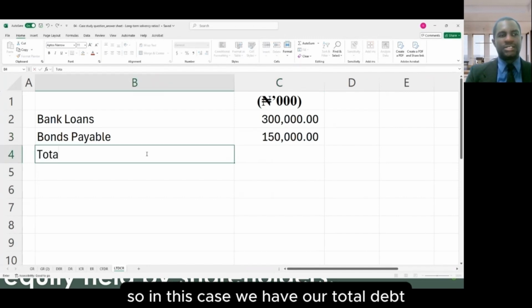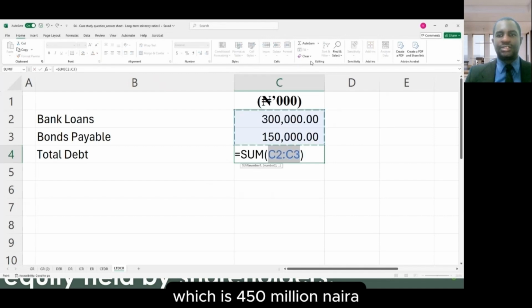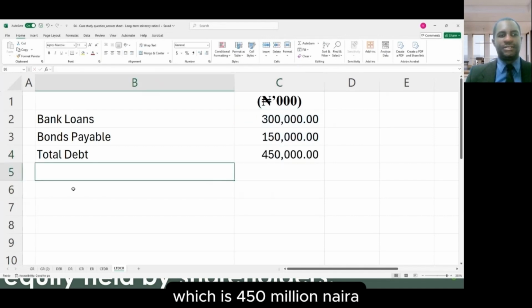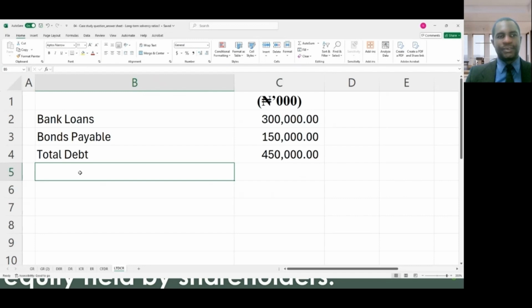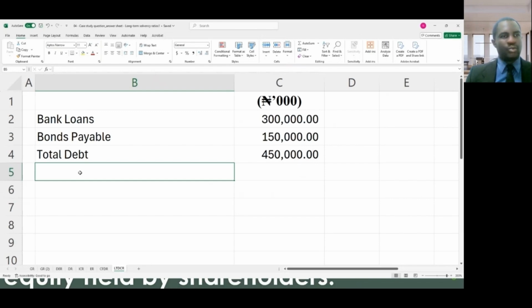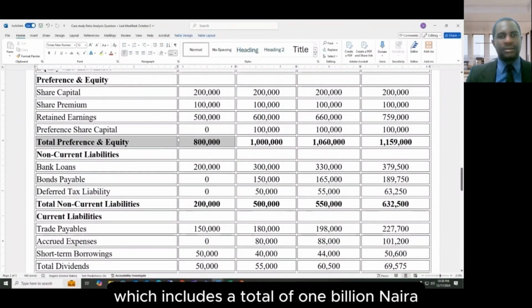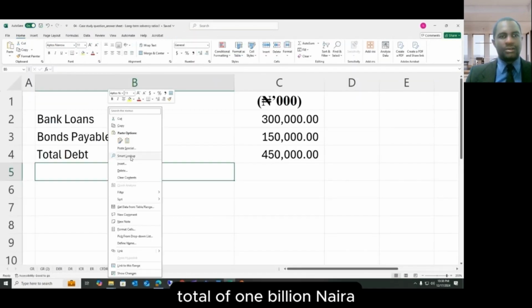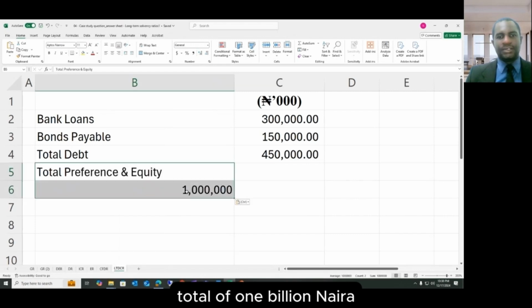So in this case, we have our total debt, which is 450 million naira. So let's go get our total equity, our shareholders' equity, which includes a total of 1 billion naira.